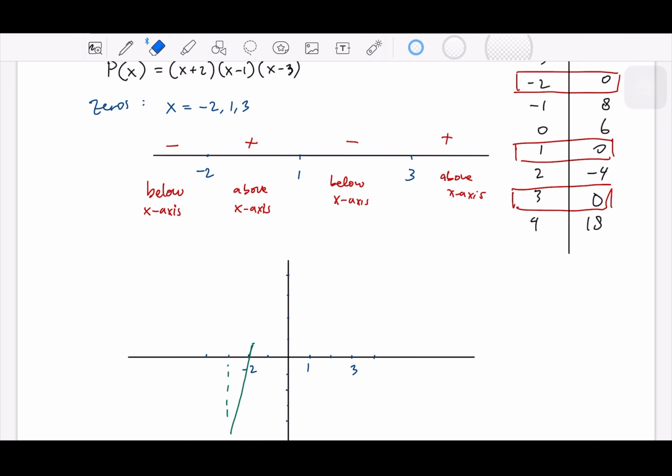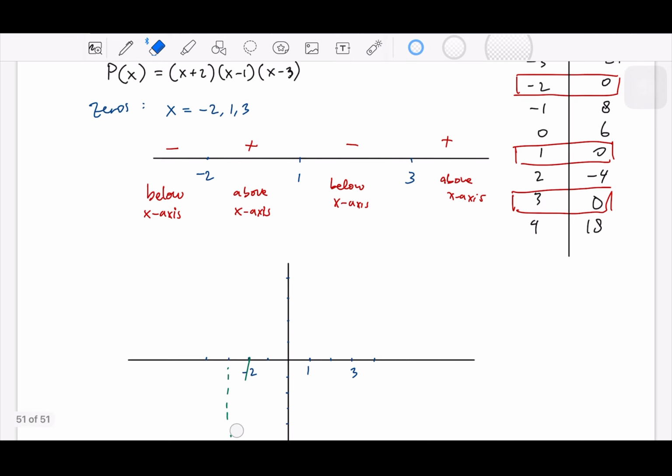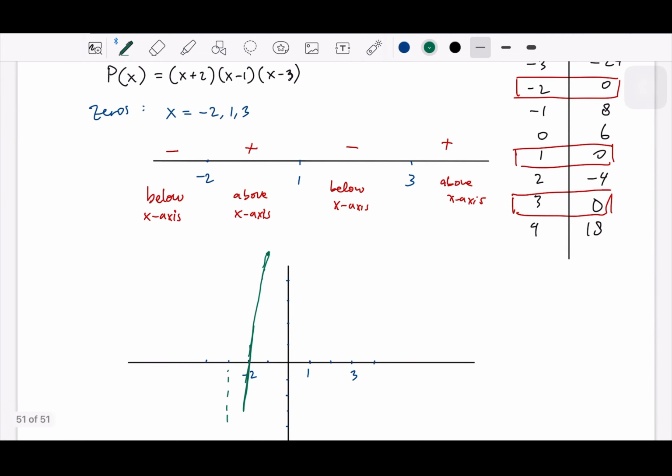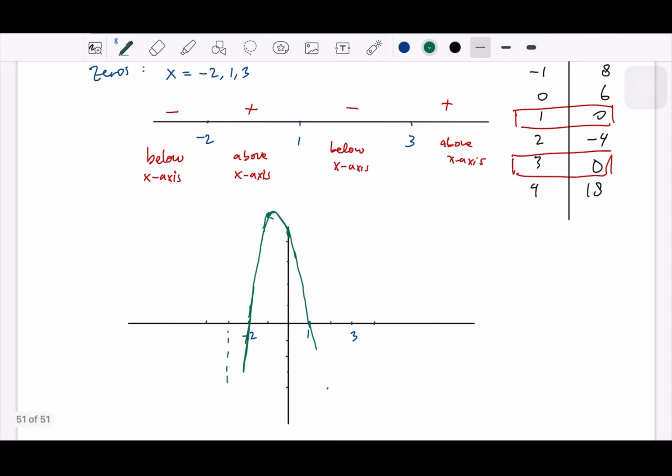let me erase a little bit and make it more clear. So it's going to be maybe around here. And then after -1 is 8, 0 is 6, so maybe going through here. And then 1 is 0, so we are going to go through all of that. And then 2 is -4, maybe here.